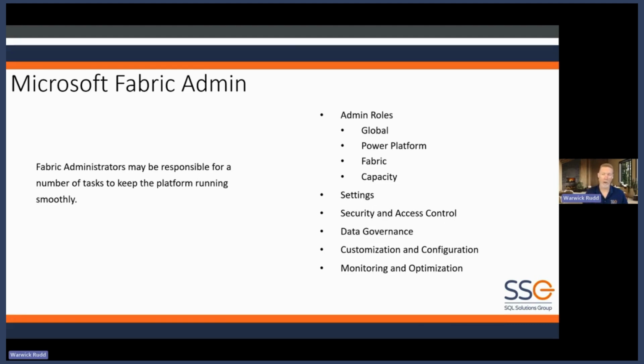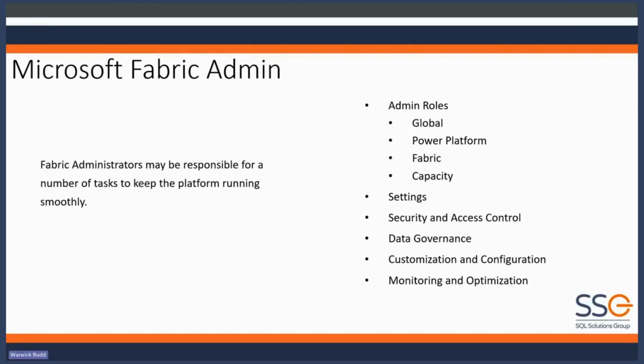Our global platform and Fabric administrators, we spoke about those three, give you the ability to enable or disable Fabric features, report on usage, and review and manage any auditing, which is really important for identifying when there is a problem and how we go about troubleshooting that.